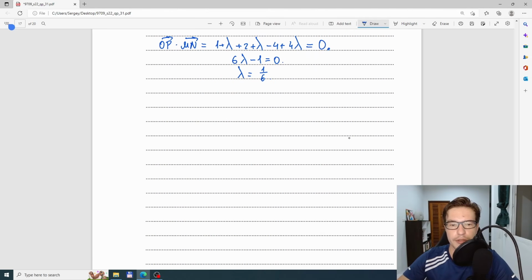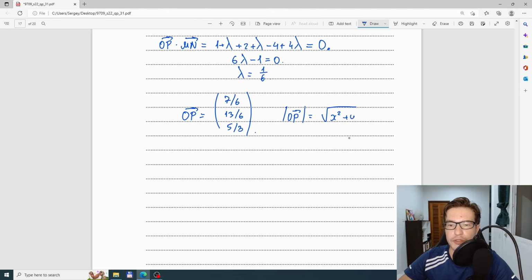Okay, that means the position vector of that point is OP equals, all I have to do is substitute lambda, so it gets (7 over 6, 13 over 6, and 5 over 3). Now, I'm looking for the length of this vector, so I have to do the square root of x squared plus y squared plus z squared. Okay, so let's substitute all of that, and we'll get 7 squared plus 13 squared.